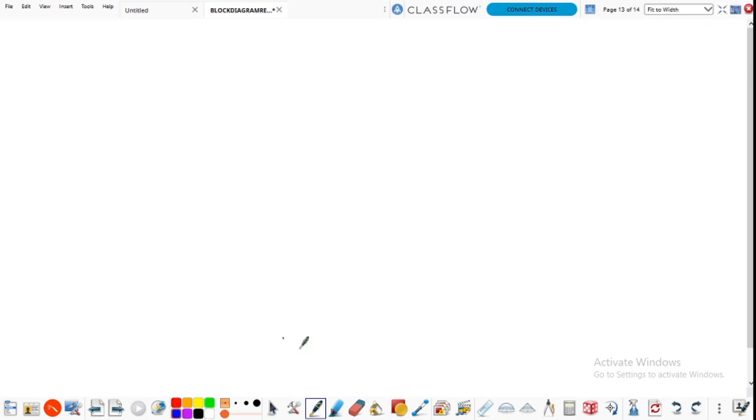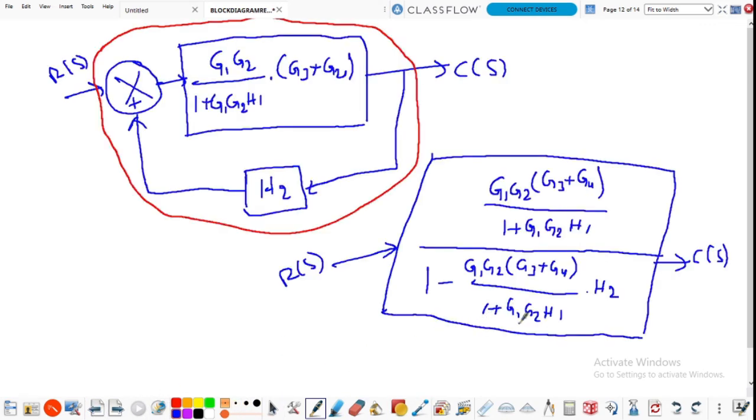After taking the LCM, in the numerator and denominator, 1 plus G1 G2 H1 is cancelled, and the remaining term is G1 G2 into G3 plus G4 by 1 plus G1 G2 H1 minus G1 G2 H2 into G3 plus G4.